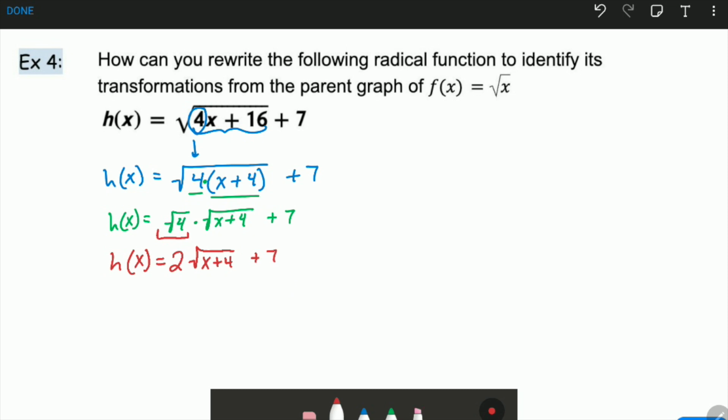Now we can identify the transformations a little bit easier and talk about vertical dilations rather than trying to do horizontal dilations, which can get a little bit messy. We have the vertical dilation, in this case stretched vertically by a factor of 2.